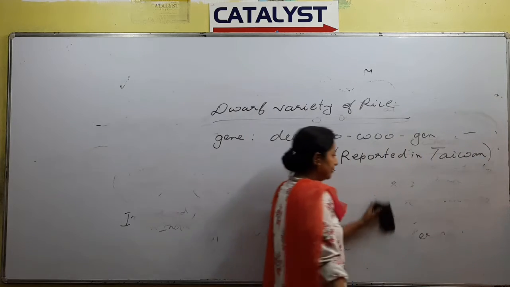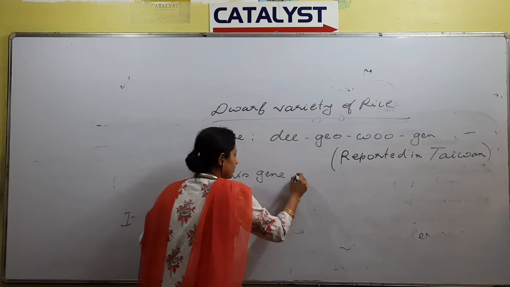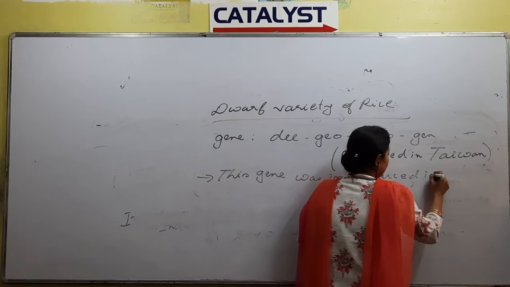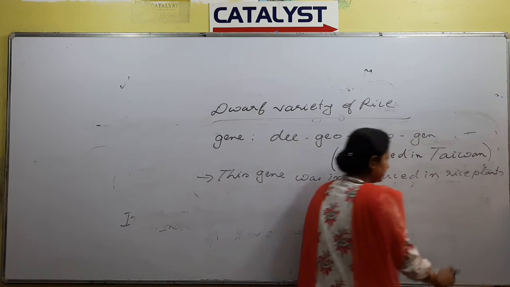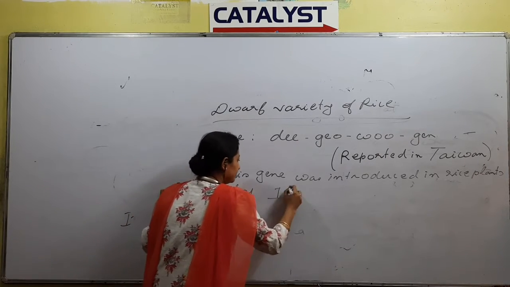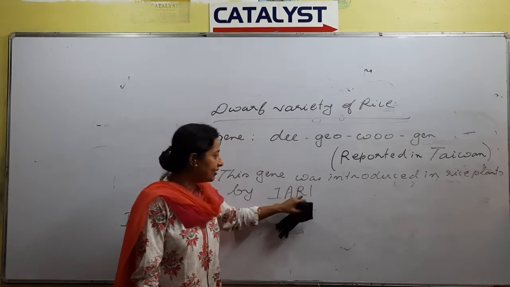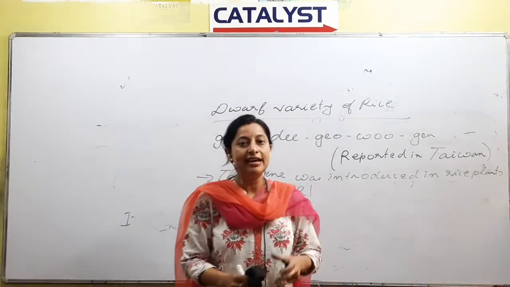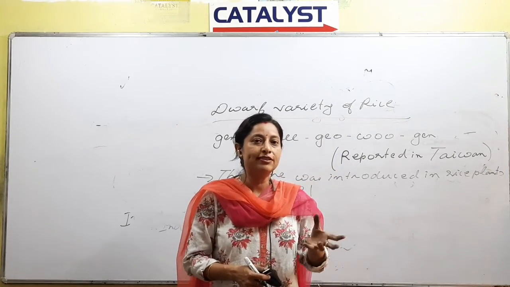The next point is this gene was introduced in rice plants by IARI. What is IARI? Indian Agricultural Research Institute, right? So they modified the gene and incorporated it into new plants, and as a result we obtained those dwarf varieties of rice.